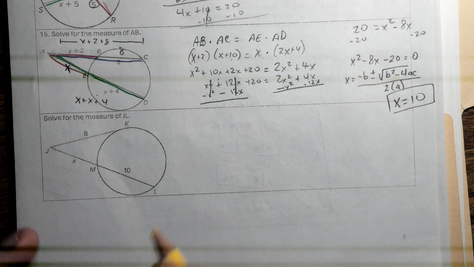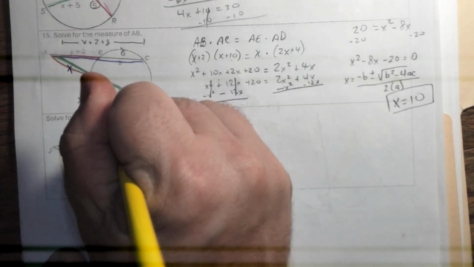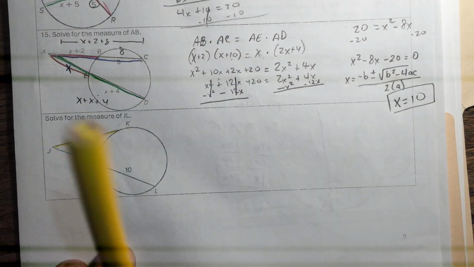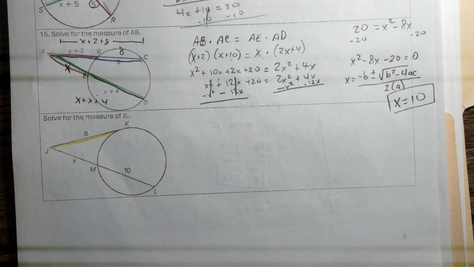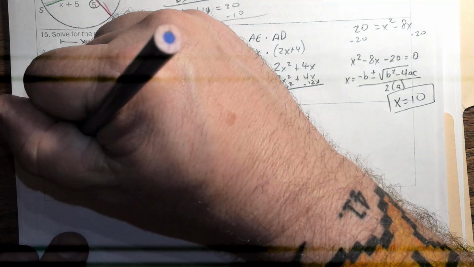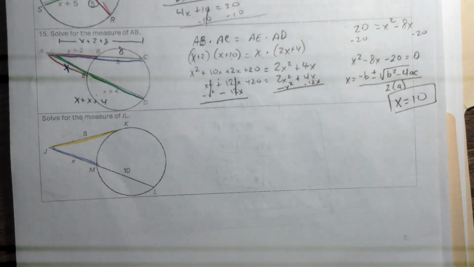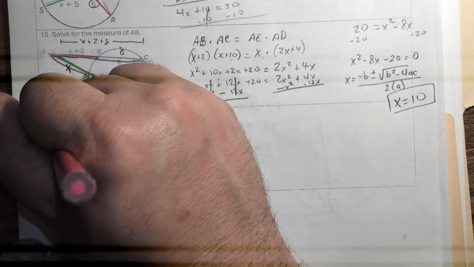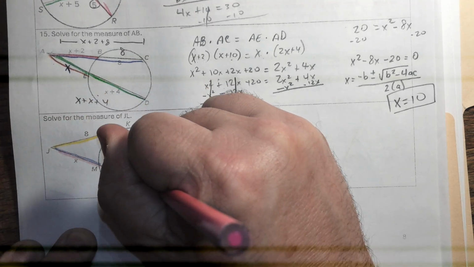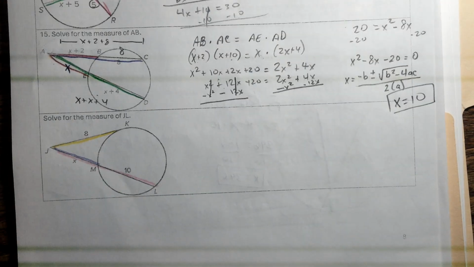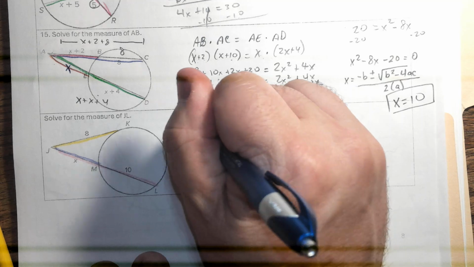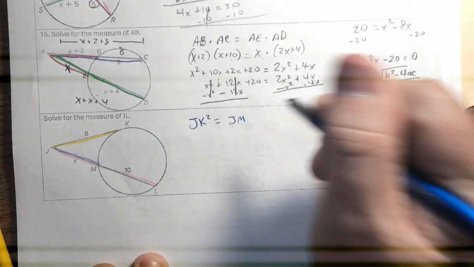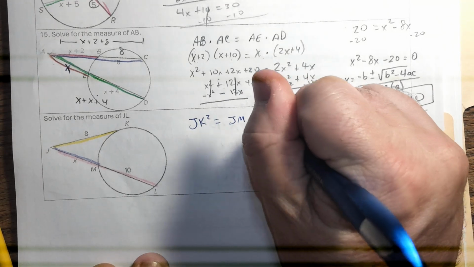So, this is a secant. No, tangent because this touches it once. Secant because this touches it twice. This side, and then this. So JK squared is going to be equal to JM times JL.